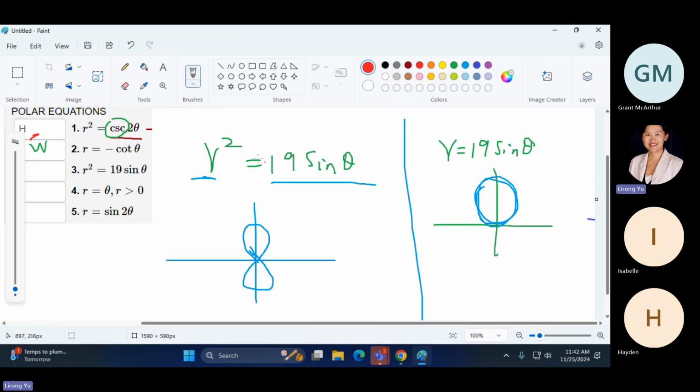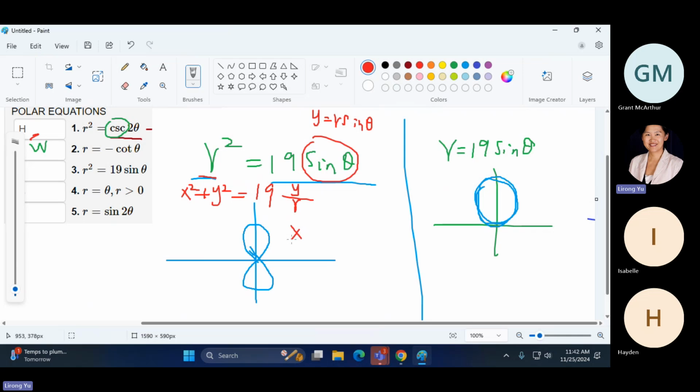We can convert this into a rectangular equation. This is x squared plus y squared, and then this is 19. For sine theta, you remember y equal to r times sine theta, so sine theta actually equals y divided by r.